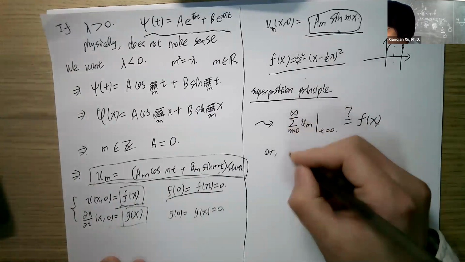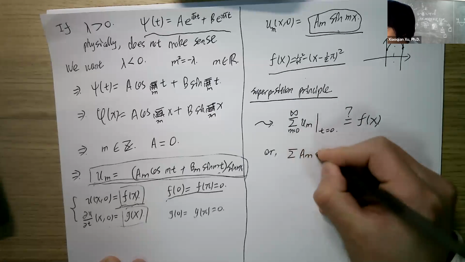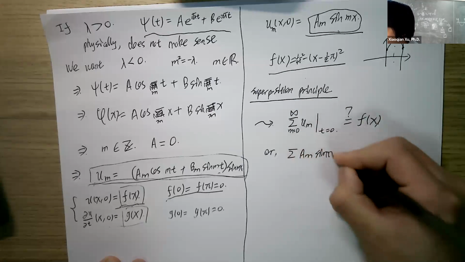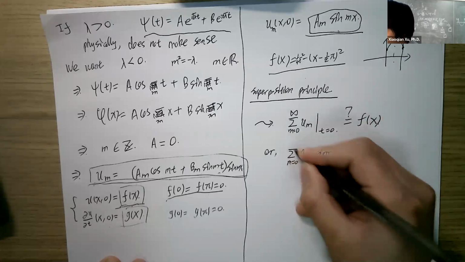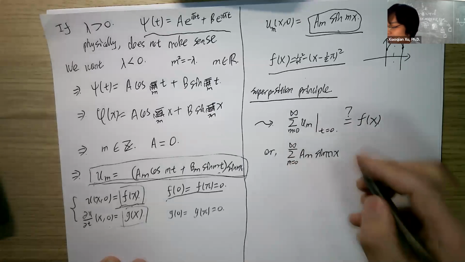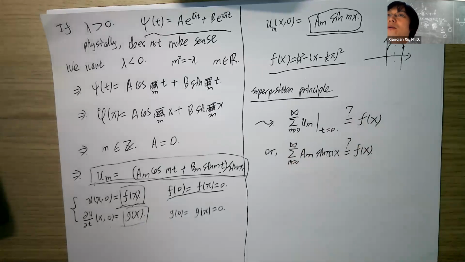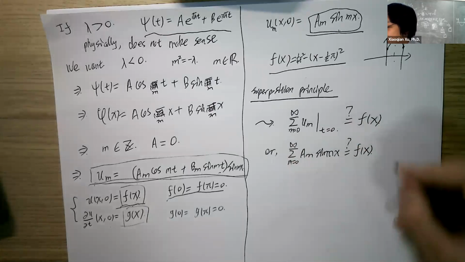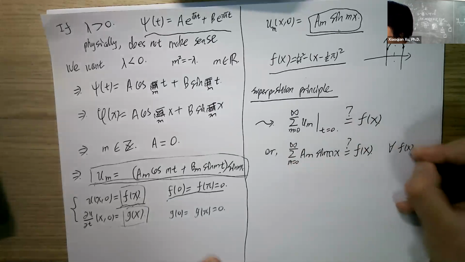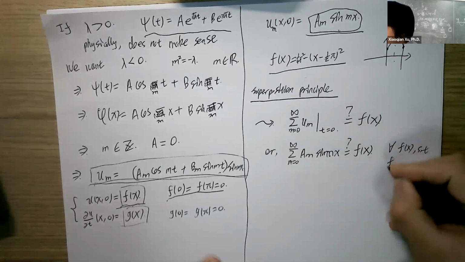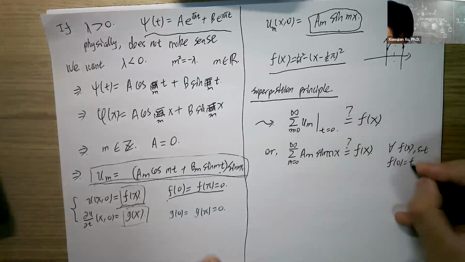So is it possible to find some A_m such that this series equals your f(x) for arbitrary f(x) such that f(0) equals f(pi) equals 0?